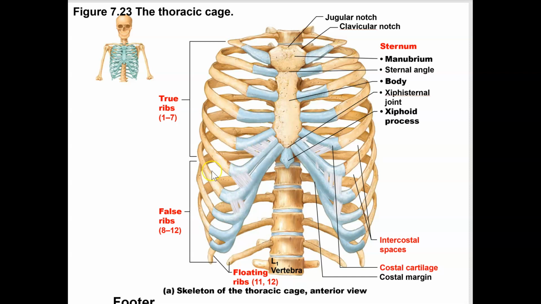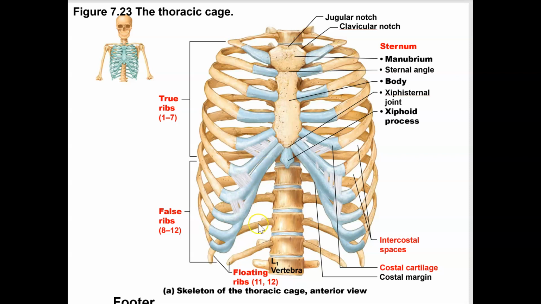Ribs 8 through 12 are considered false ribs, and that's because they are falsely attached, if at all, to the sternum. If you look at 10, 9, and 8 right here, these 3, they are connected to the sternum, but their cartilages connect to this one costal cartilage that then fuses with the cartilage of rib 7.